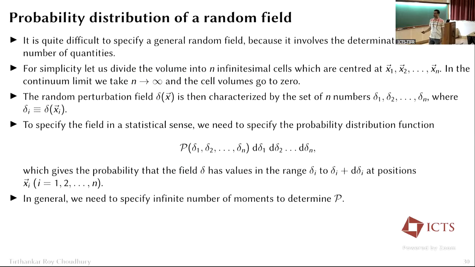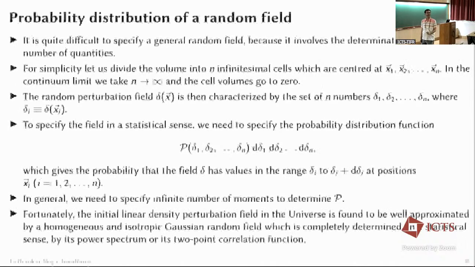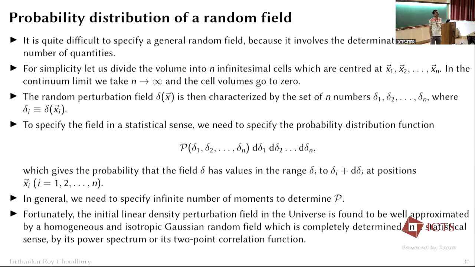Now, even this probability distribution for these n numbers can be quite complicated. If you know about moments, you probably need to specify an infinite number of moments to characterize this probability distribution. Except there is a simple case, where we know from CMB observations that the initial density field is very well approximated by a homogeneous and isotropic Gaussian random field.